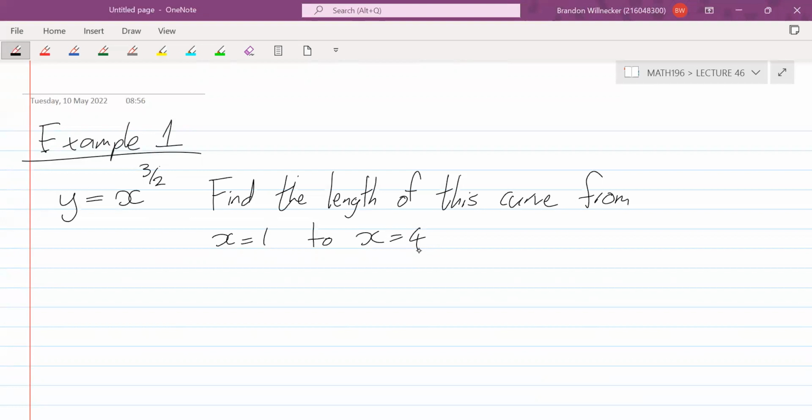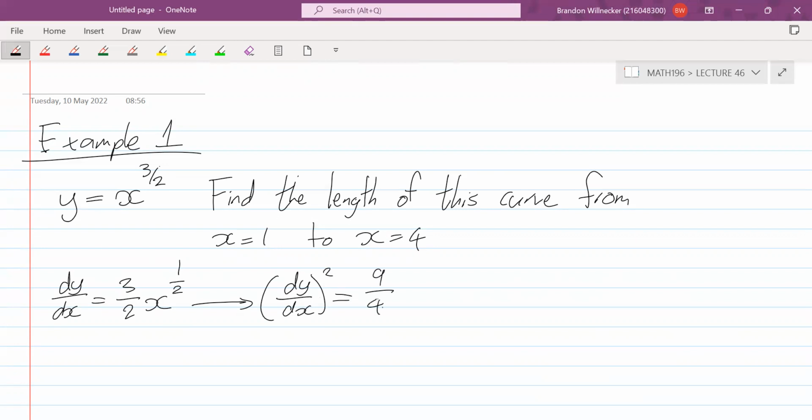So to find the length, we need to first find the derivative. dy by dx is going to be 3 over 2 x to the 1/2. And then we need to square this. So dy by dx squared will be 9 over 4 x.